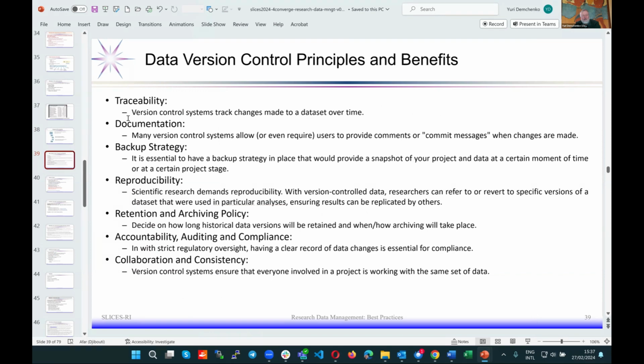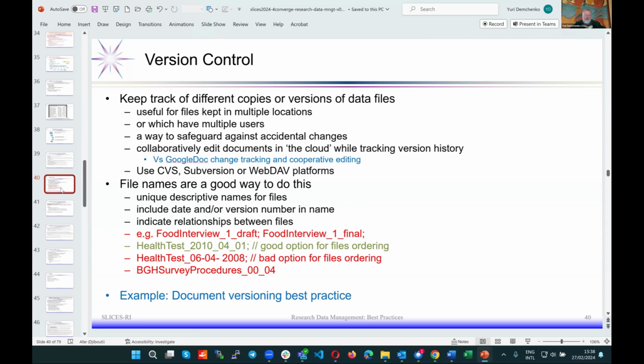Data version control is a very important issue. It's required for traceability, documentation, backup, and reproducibility. Also for retention and archiving purposes. And here are also best practices or advice on how to manage data version control or document version control in your, say, projects.